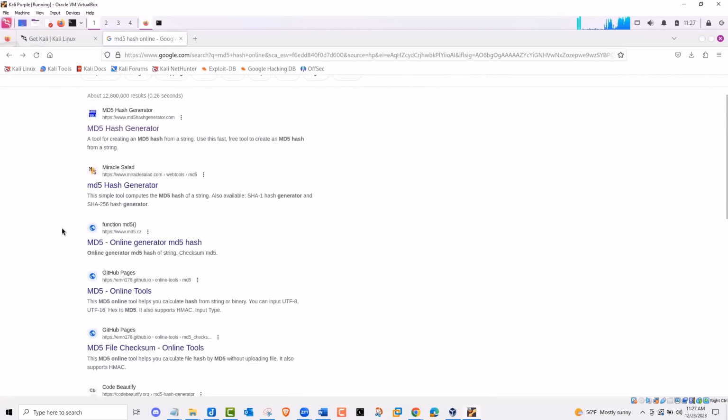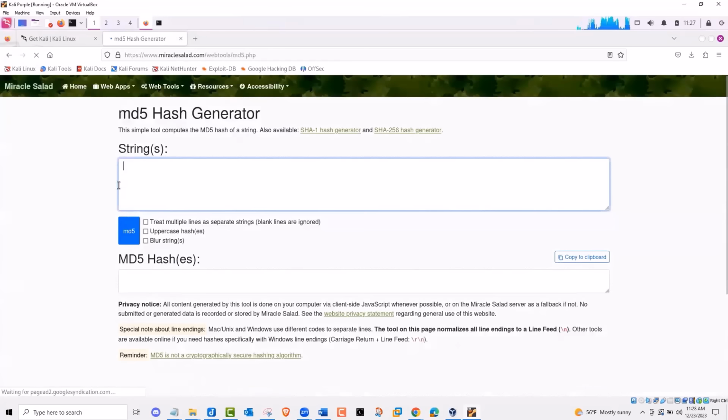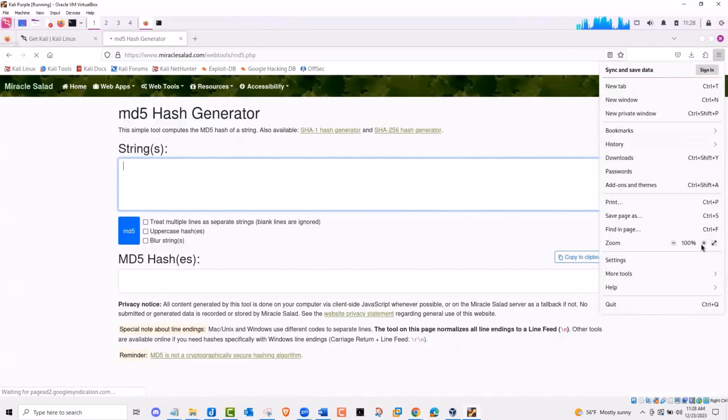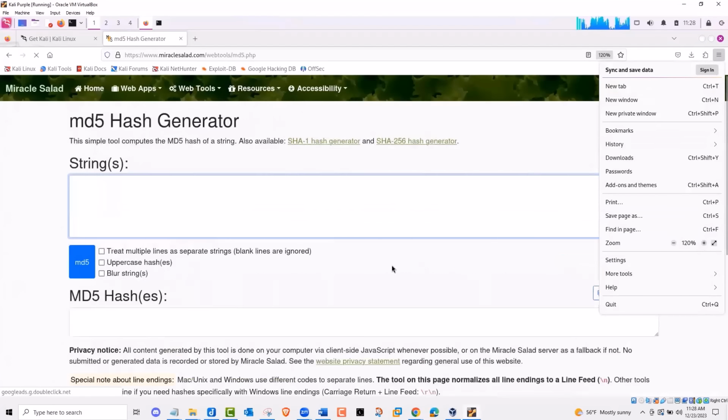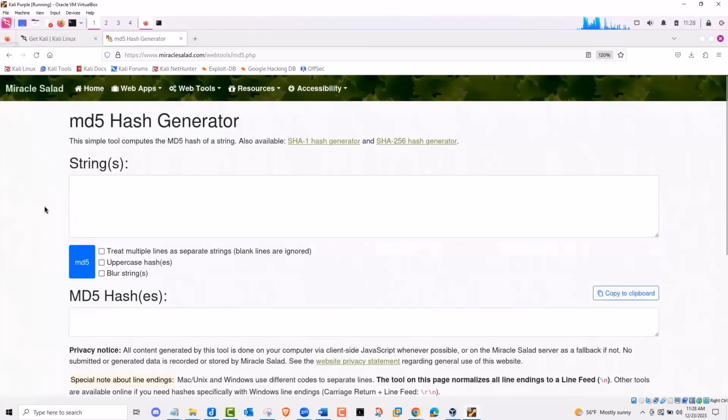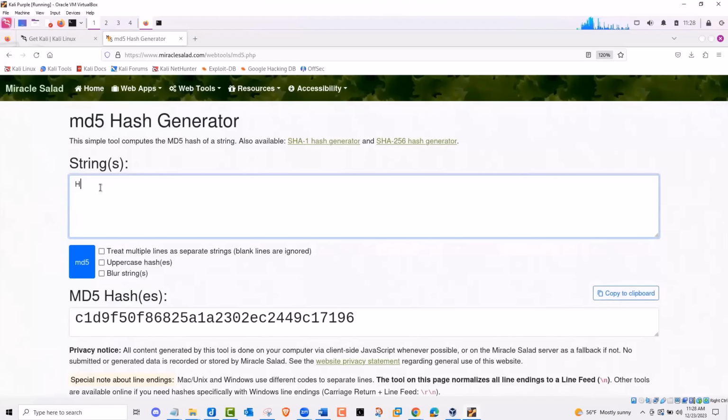Now, that's not a good example. Let me just bring up something that looks pretty good. There you go. This is pretty good because I want to make sure you can see things as I'm changing them on the fly. So imagine I'm trying to generate a hash for this email, and the email says, hello, world.